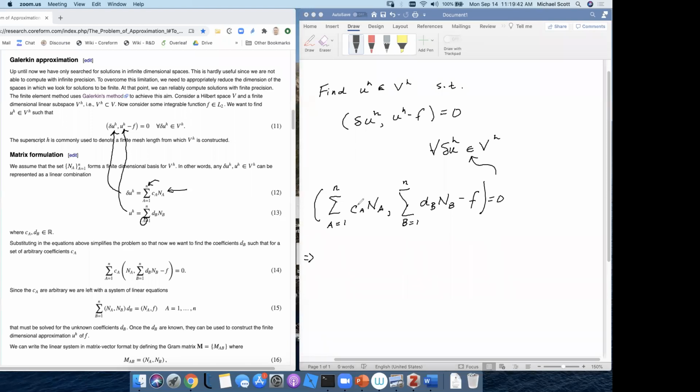What about these sums? Can't I actually pull them out of the, remember that it's called a symmetric bilinear form, which means I should be able to pull these sums right out of the equation. So if I pull that out, then I've got, let's pull out A, this guy first.